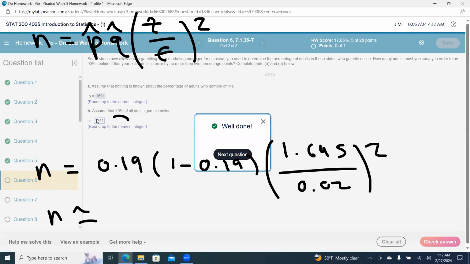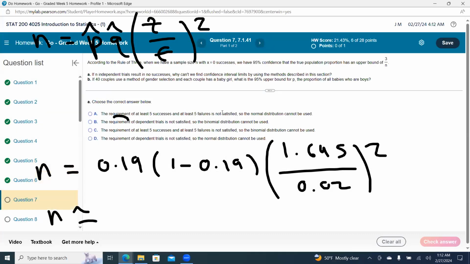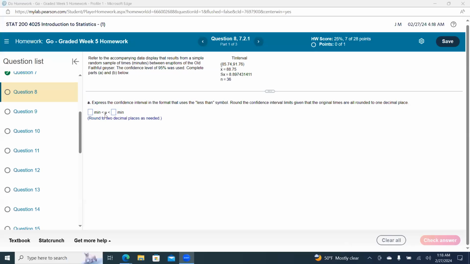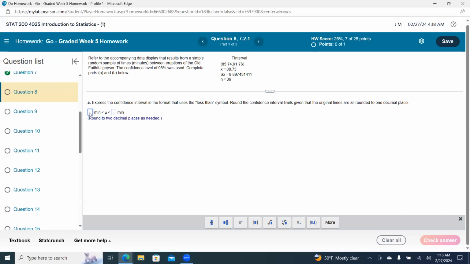It's as simple as that. They give us the p, we plug in. If not, then the pq is automatically 0.25. Okay, so here they're just seeing if we can do the readout, so the confidence interval is actually given.